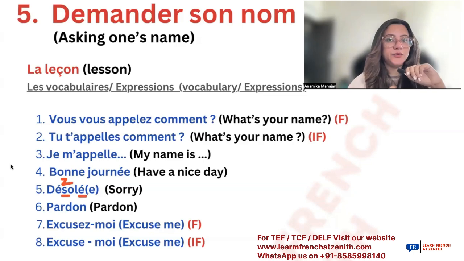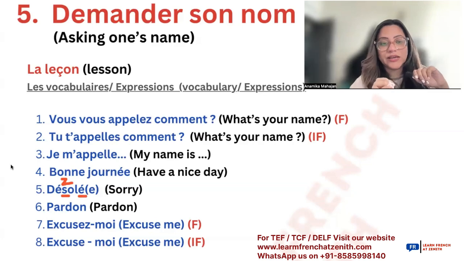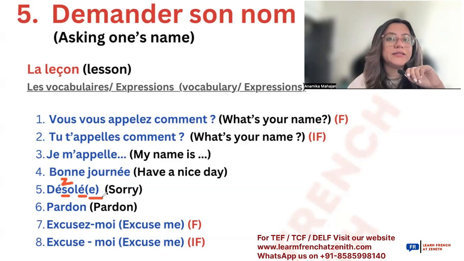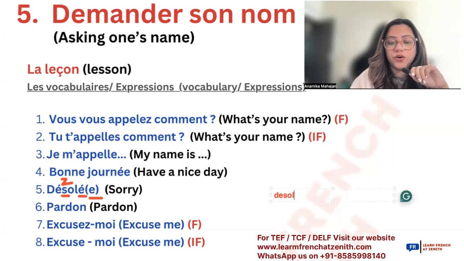I personally use this expression when I've done some serious problem, when I've created some serious mess. Then only I use this expression, désolé. Also, you can see this E in the bracket. Now, this E is used for females. If a guy says, I'm sorry or sorry, he would use only this much.